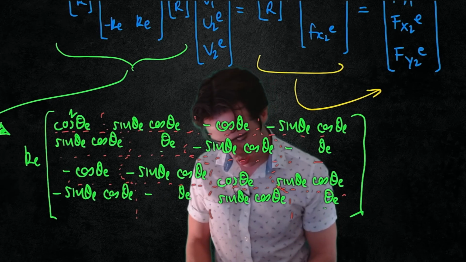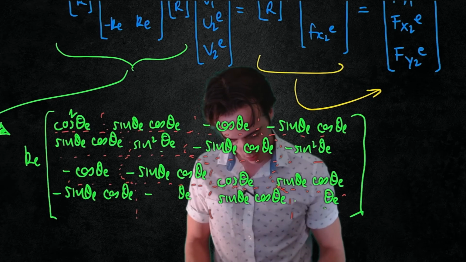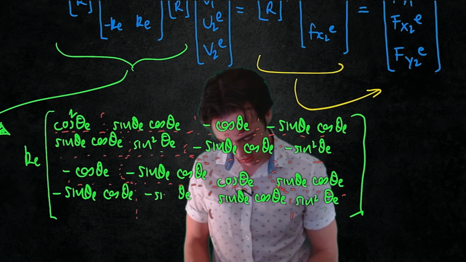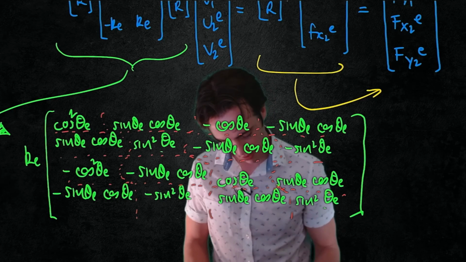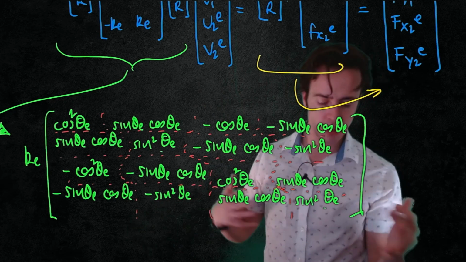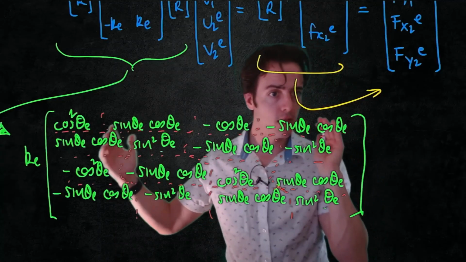These should be sine squared, minus sine squared, minus sine squared, and all of these cosines should be squared, okay? So everything in here should either be the product of a sine and a cosine, or a sine squared or a cosine squared. So this is this matrix.